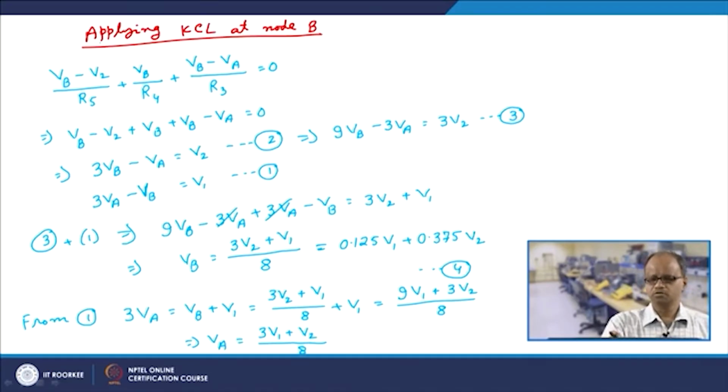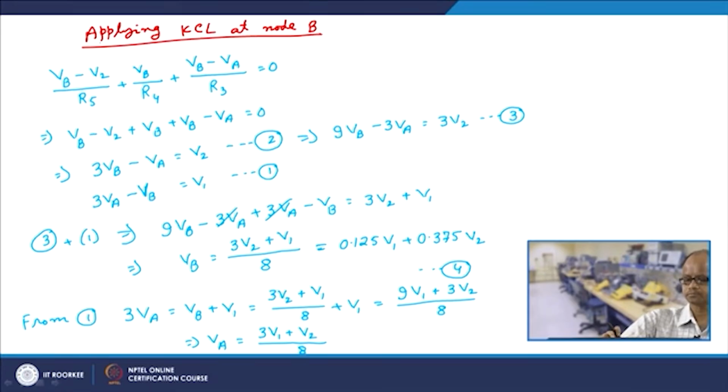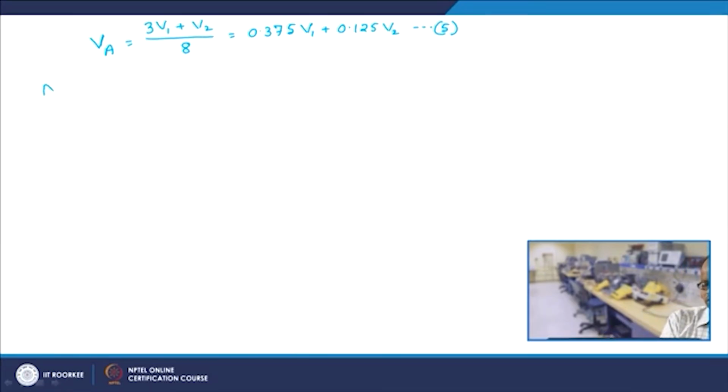So, we have got these two voltages VA and VB. Now, after that we have to calculate what is I1. I1 is nothing but (V1 minus VA) by R1. So, this is V1 minus (3 V1 plus V2) by 8.